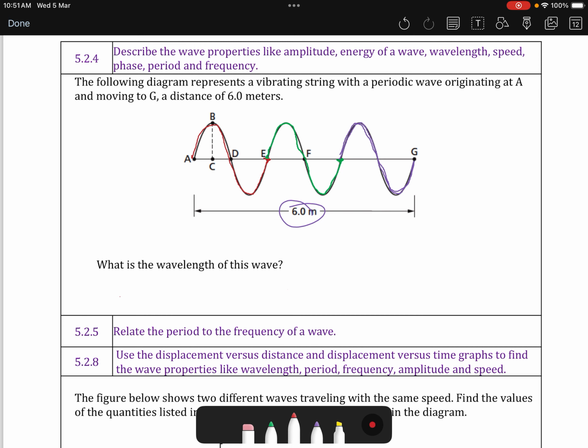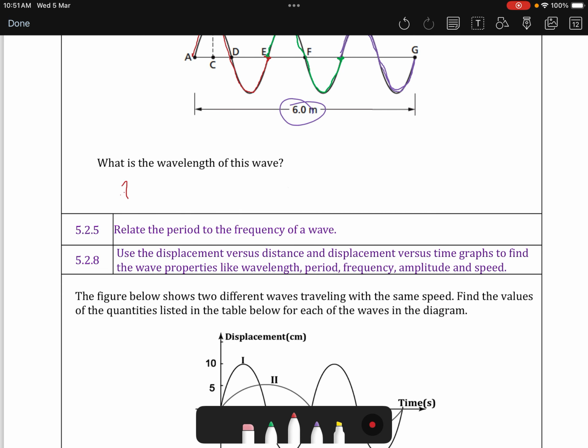So one wave, one wavelength, equals 6 divided by 3. That's equal to 2 meters. Then we can say that lambda equals total distance over number of waves.